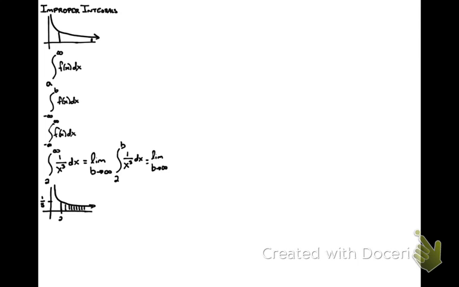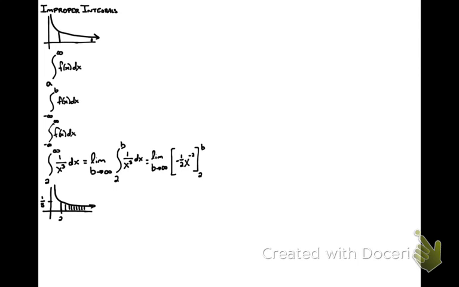The integral of 1 over x cubed, well, that's going to be, it would have been x to the negative 2, so this should be negative 1/2 x to the negative 2 from 2 to b.